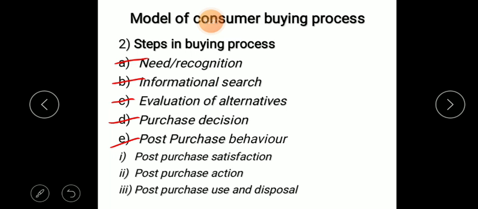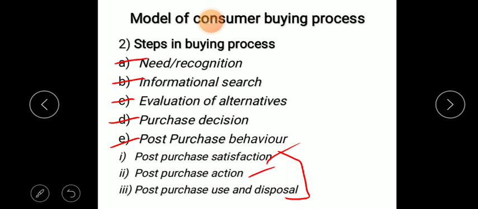Post purchase behavior can be further categorized into three types. First one is post purchase satisfaction, that is after purchase you might be satisfied. Second one is post purchase action, that is after purchasing what is the action that consumers are going to take. They will tell their relatives, their friends that it is a very good product, and they become your ambassadors or advertisers.